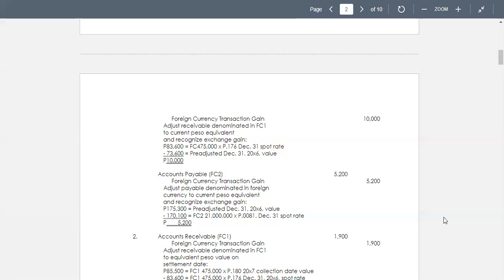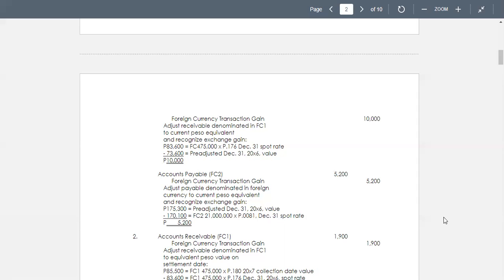So we are now using the rate of 0.0081, multiplying it by 21,000 for FC2. Okay, so that is the accounts payable for FC2. So that is still for requirement number 1.